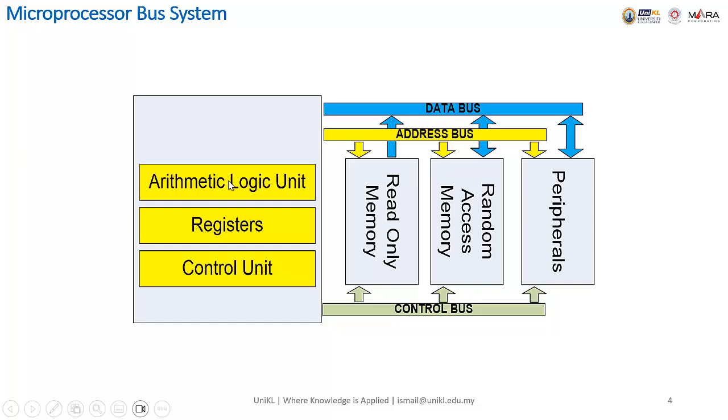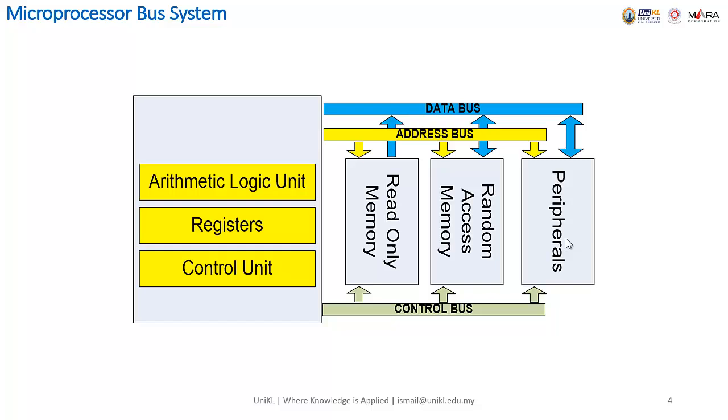This microprocessor actually has a limitation. Once you need to use a processor, you need the read-only memory, the random access memory, and the peripherals. For example, you need parallel ports for the parallel data in, maybe serial ports for the serial data in.